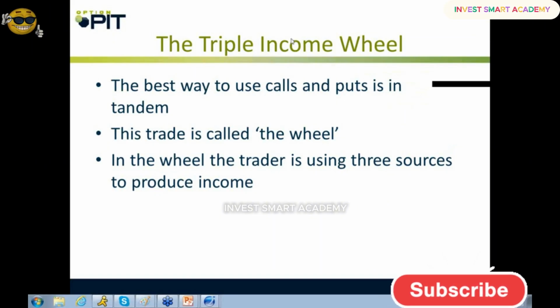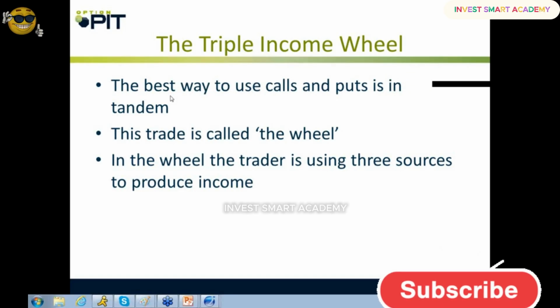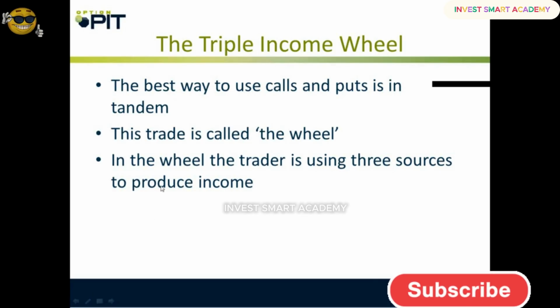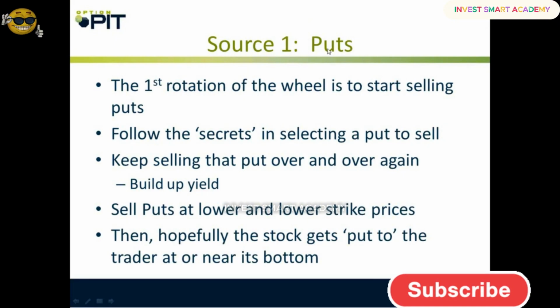All right, the triple income wheel, the tandem, best way to use calls and puts. I think it's the most effective way, and I like this in place of owning long stocks. Source one, puts. Start selling puts.